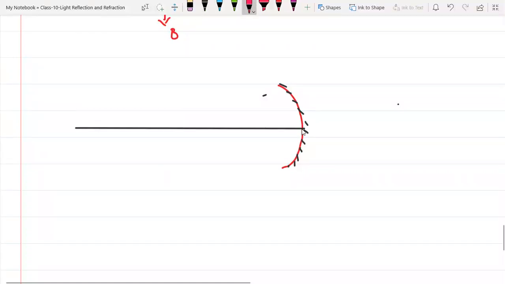This point is P, this point is F, this point is C. Now guys, from where are we getting light? Of course, the source will be here, right? Okay, let us consider we kept an object here.